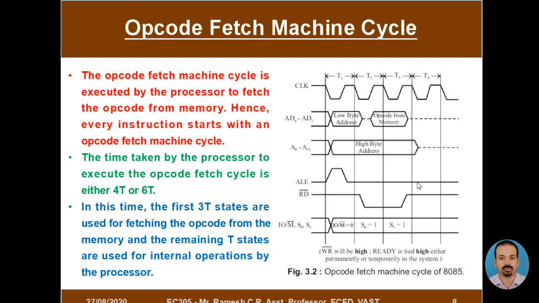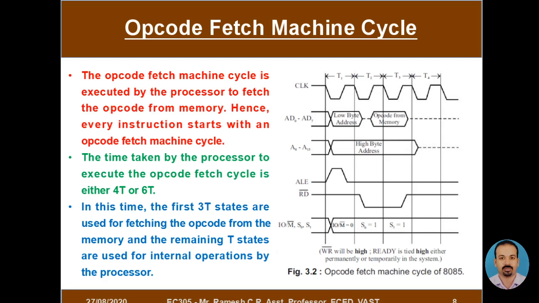This last one clock cycle in this opcode fetch machine cycle is the time taken by the microprocessor to complete the internal operations that have to be done after fetching the opcode. In the first three T states, the processor fetches the opcode from the memory.